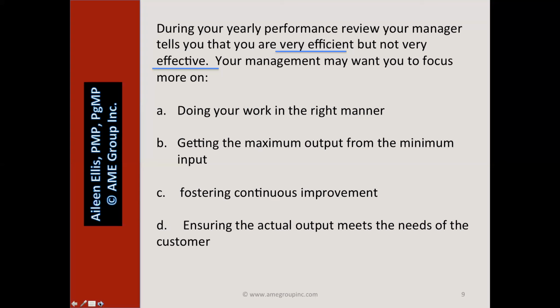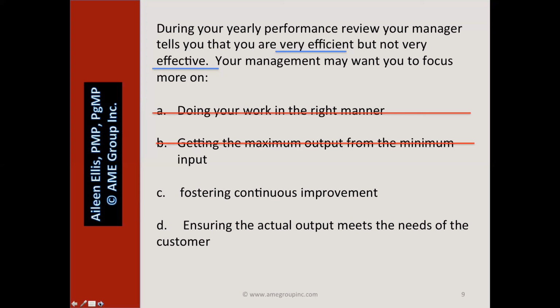Let's look at answer A. Doing your work in the right manner. I relate that with efficiency. Getting the maximum output from the minimum input, that's efficiency. Fostering continuous improvement. Some of you may feel differently. I still associate this with efficiency, but maybe we'll leave C open.